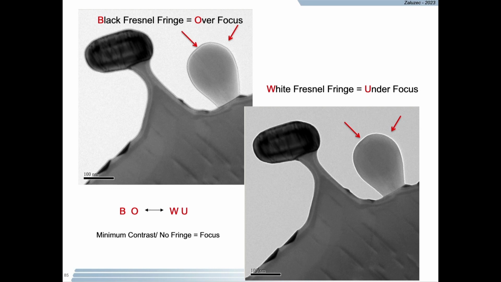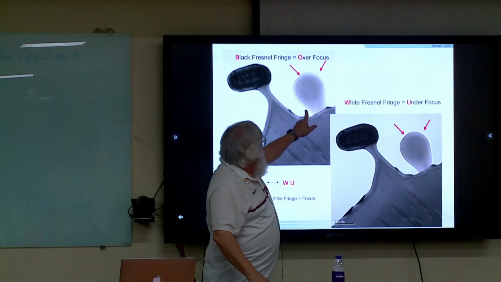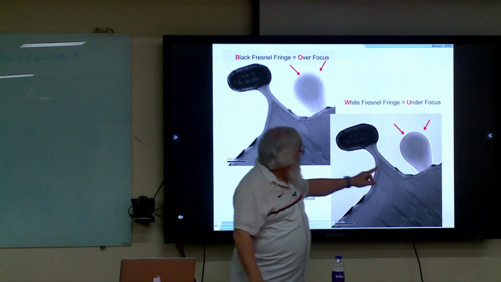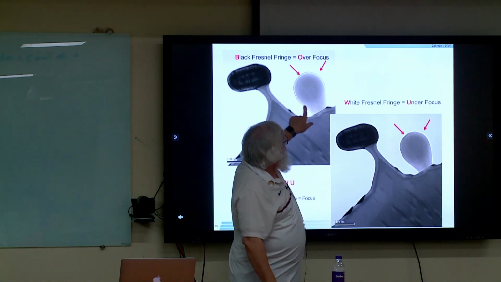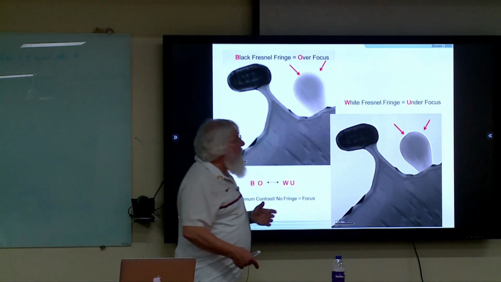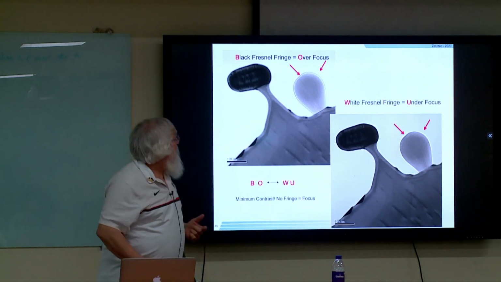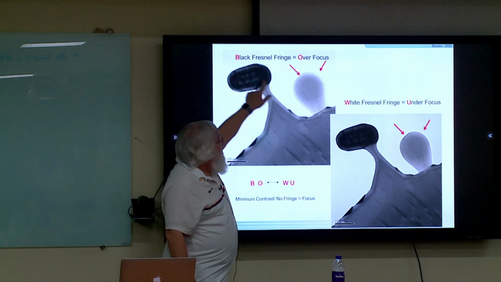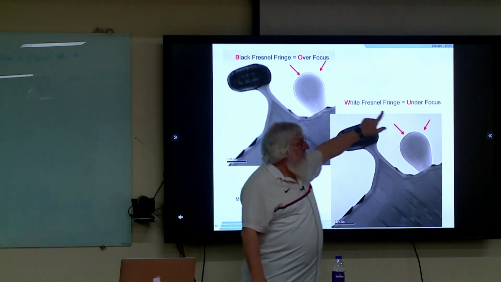Now, here I've adjusted the astigmatism so that my fringe contrast is uniform, right? It's the same width all the way around, whether it's a black fringe or a white fringe. And I use a simple mnemonic to remember things. Black is over focus, white is under focus.